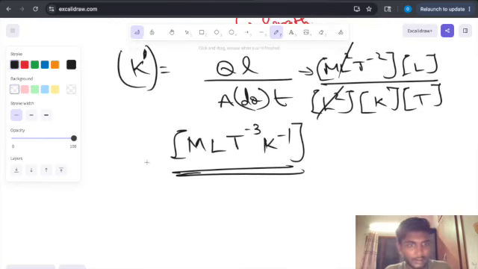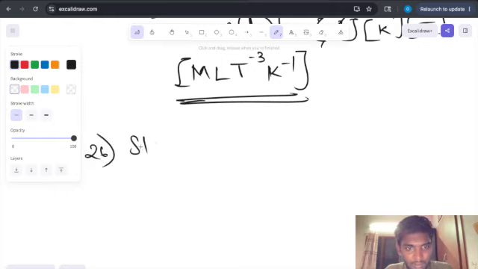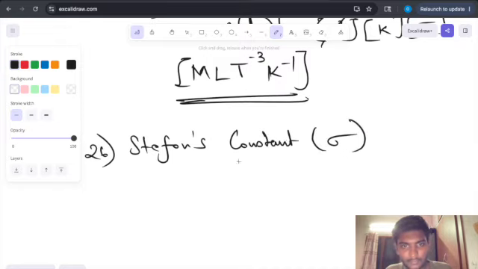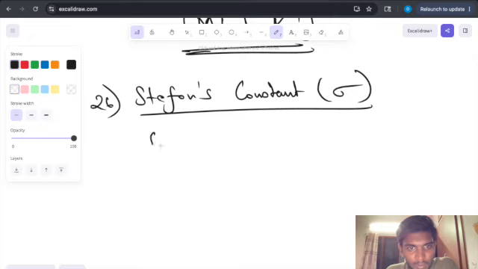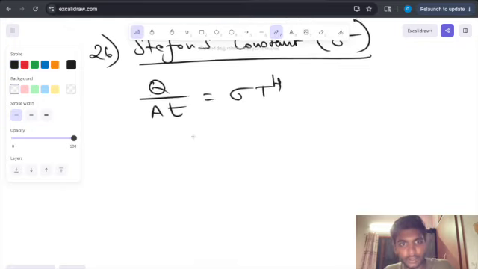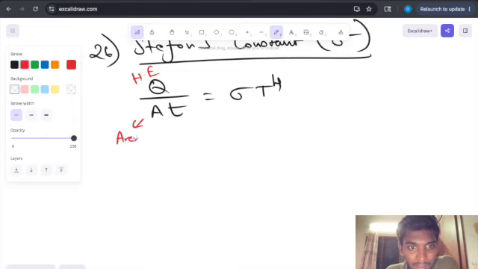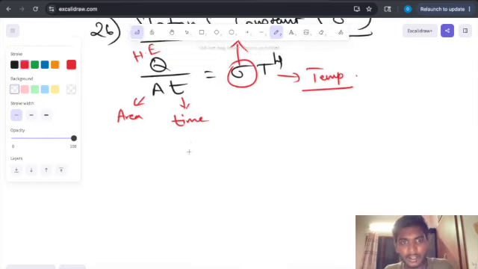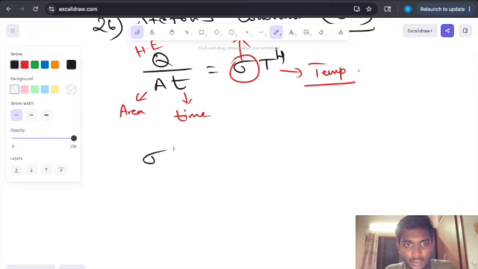Okay. Then we have Stefan's constant, which is denoted by sigma. So there is a formula Q by At equals σT⁴. Again, Q is heat energy, A is area, t is time. This is Stefan's constant. This is temperature. Okay. Now it is pretty straightforward for you. So sigma is equal to Q by A t T⁴.